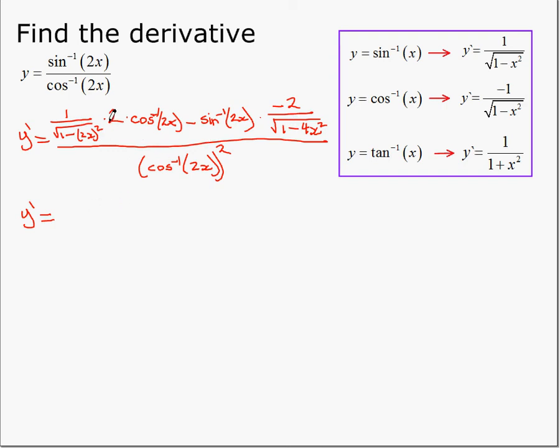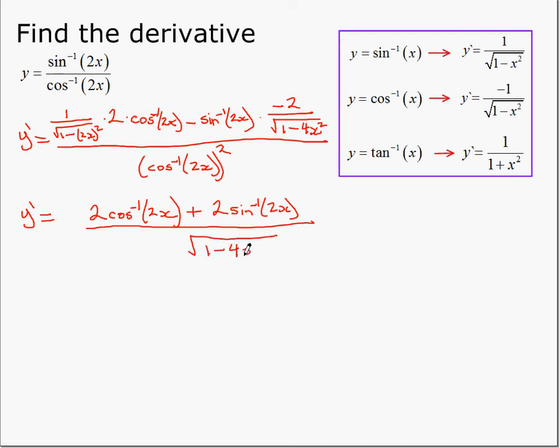So what we're going to end up with then is putting these on top. 2 cosine inverse of 2x plus minus minus 2 sine inverse of 2x, and that's all going to be over that root 1 minus 4x squared, and all over that, so that can go up here, cosine inverse of 2x all squared.